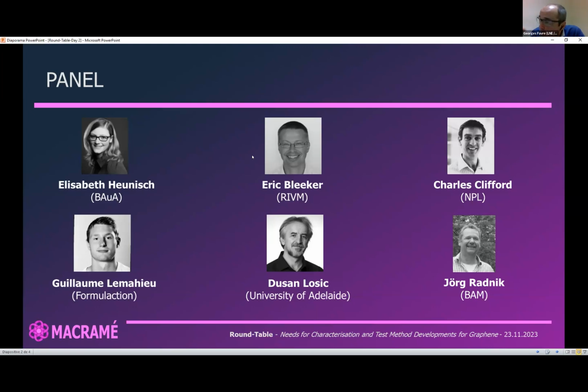We already got some information within the Mentimeter session regarding the attributes to be prioritized. Sorry, and it appeared that functionalization, impurities, and number of layers were maybe the most critical parameters to be assessed.